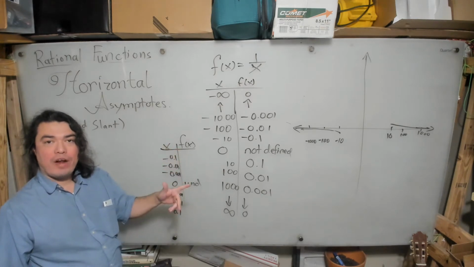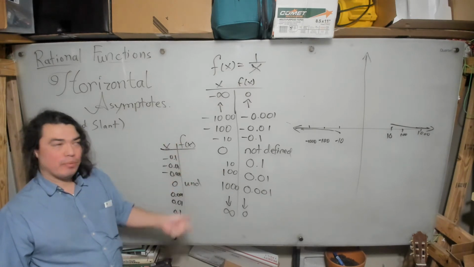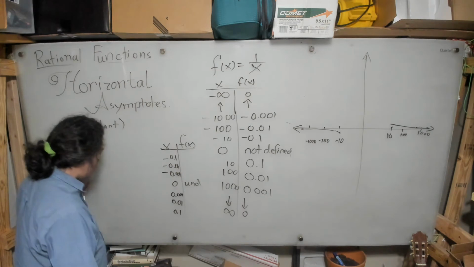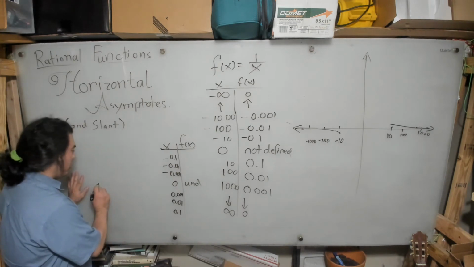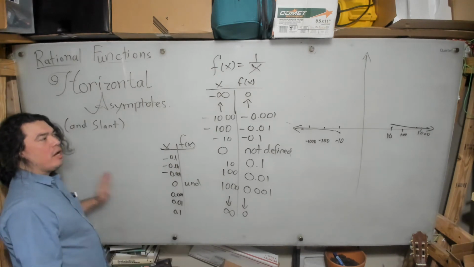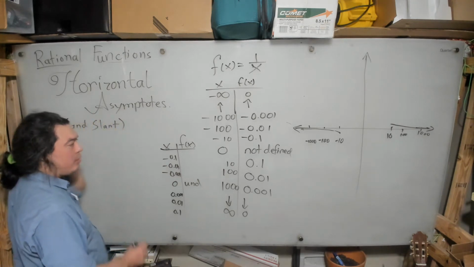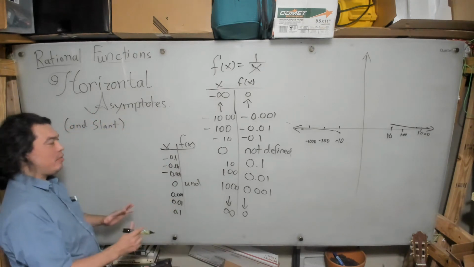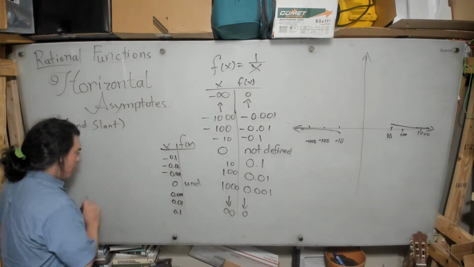When I divide by a fraction, I'm multiplying by the reciprocal, right? Okay, let me make that clear here. I'm just going to do this one calculation here. We're going to talk about these in more detail later.